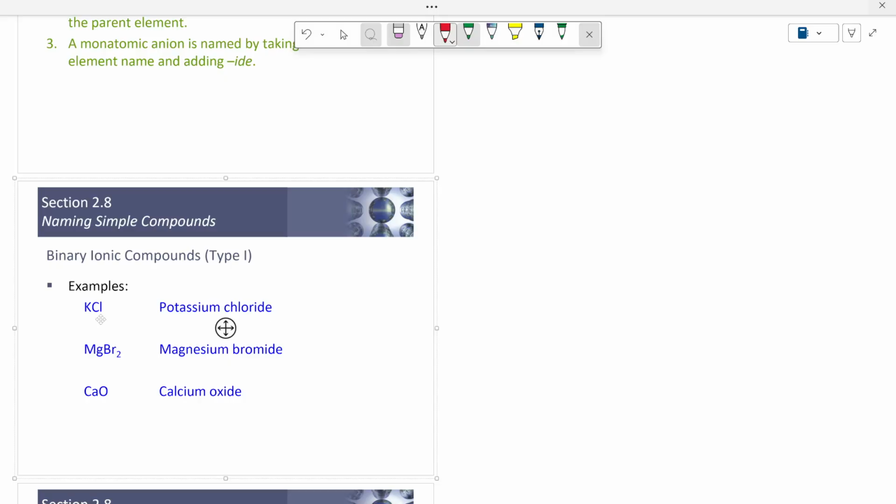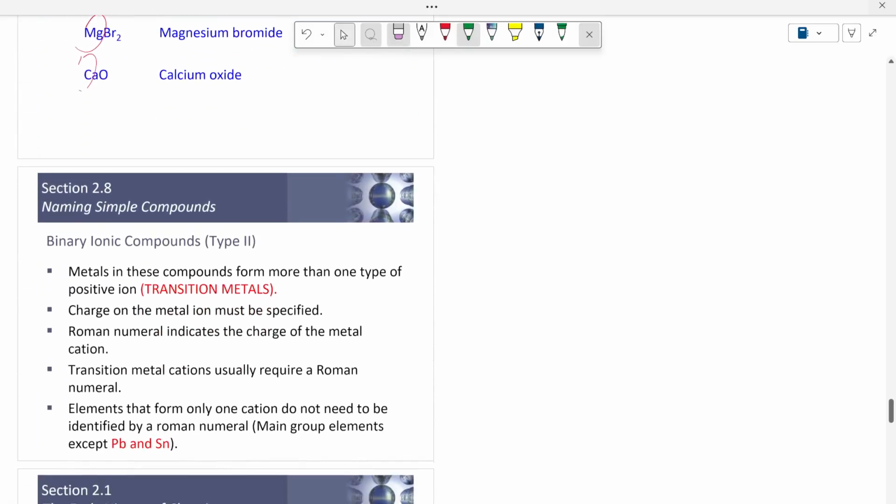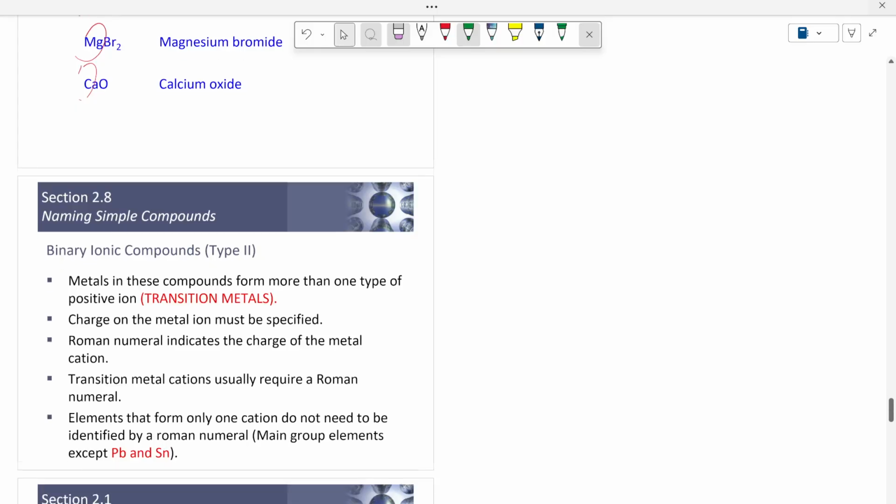This is chlorine, it will be chloride. So the full name is potassium chloride. MgBr2, this is magnesium bromide. CaO, this is calcium oxide. All these three examples belong to type 1 because magnesium and calcium are all group A metals.